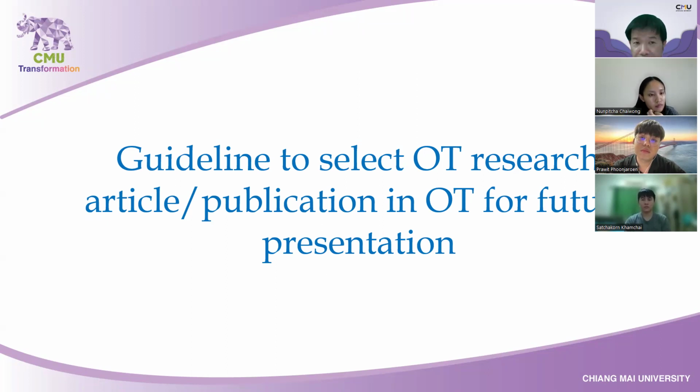How many OT journals are in the world? How many publishers? Does someone know or not? The American journal is backed by AOTA, right? Or maybe the British Journal, where I used to publish, the BJOT, backed by the Royal College of Occupational Therapists.